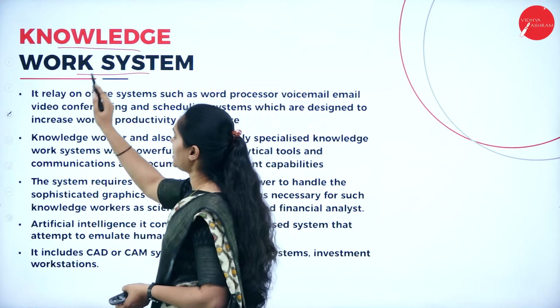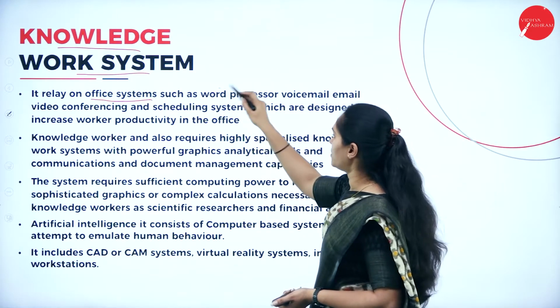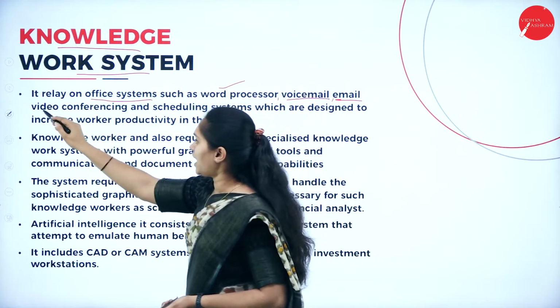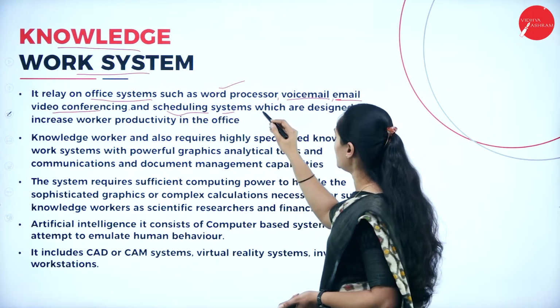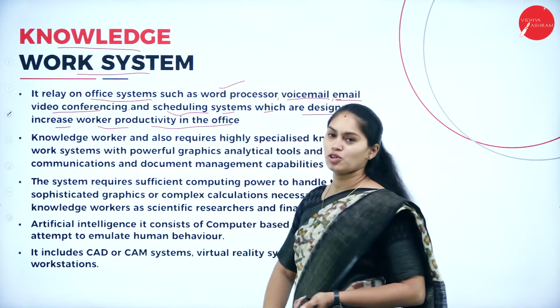It mainly relies on office systems, using a word processor, voicemail, email and video conferencing, and it has a scheduling system, which are designed to increase worker productivity in the office.